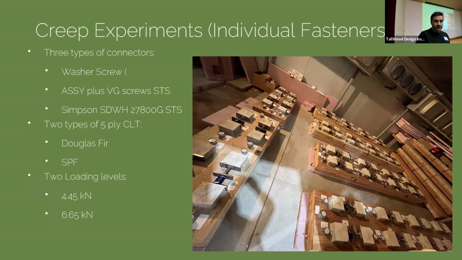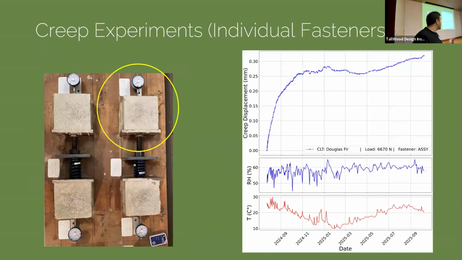So this picture belongs to the closed environment space for our individual fastener tests. We assessed 3 different connector types again, 2 different CLT types, and we applied 2 different loading levels. So this is how our setup looks.